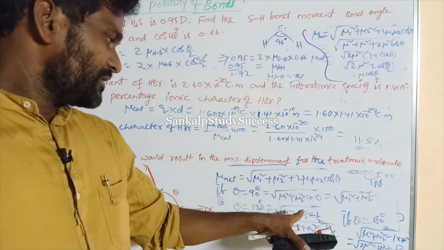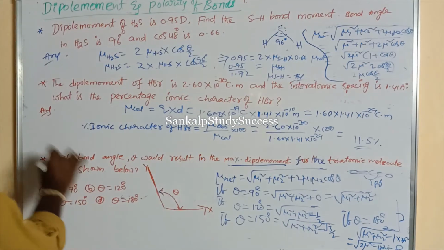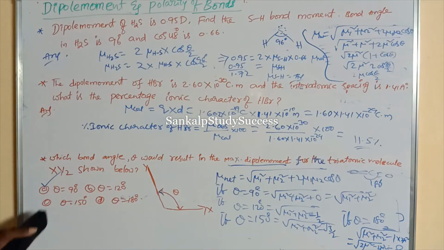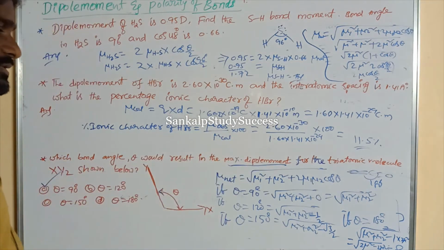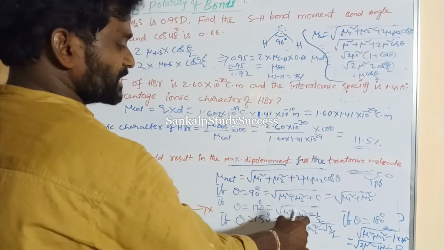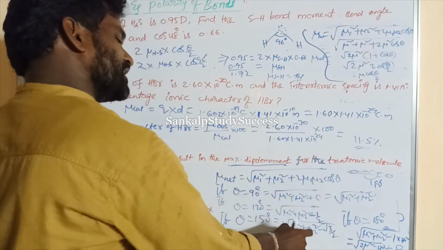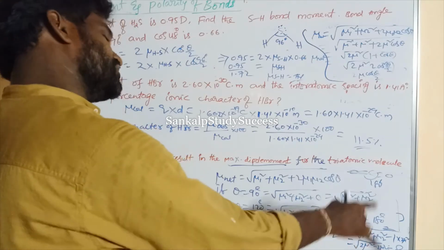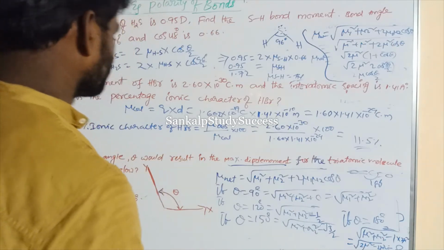But when theta is equal to 90 degrees, it can show maximum dipole moment. This is mu1 square plus mu2 square, and its value is reduced by the minus term, but here it is not minus, it is plus, so that is maximum.